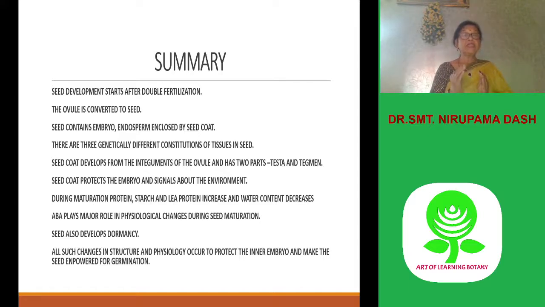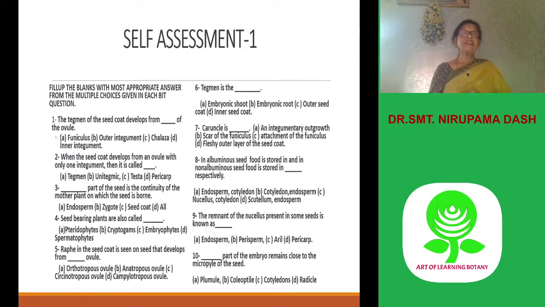The hormone abscisic acid plays a major role in the physiological changes during seed maturation. Seed also develops dormancy. Such changes in structure and physiology occur to protect the embryo and to empower the seed for germination. So this is all about today's discussion about structure and development of seed.